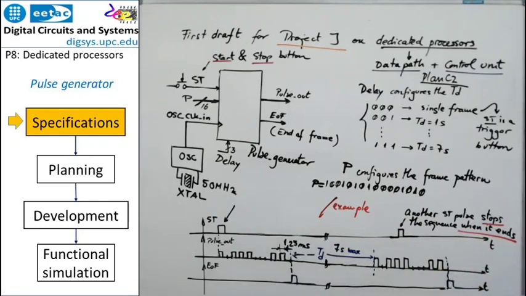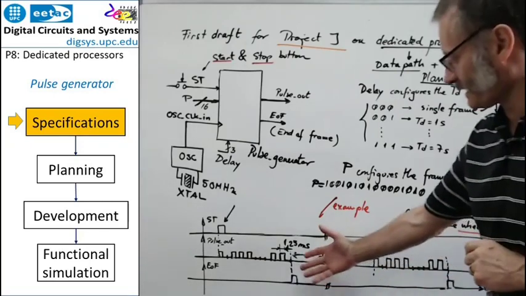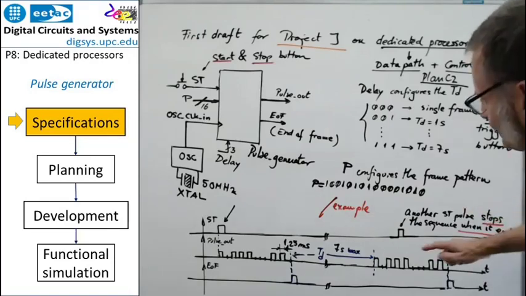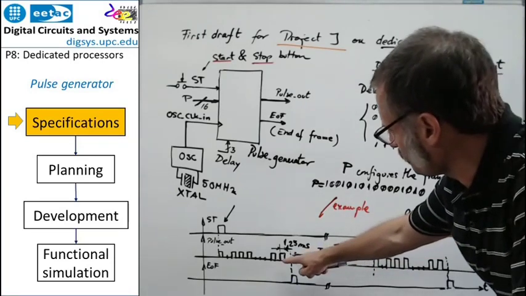All right, so this is a kind of digital system that can be interesting for finishing this chapter 2 on sequential devices. Okay, just a function generator, and you can imagine that a thing like this can have many applications in many fields.